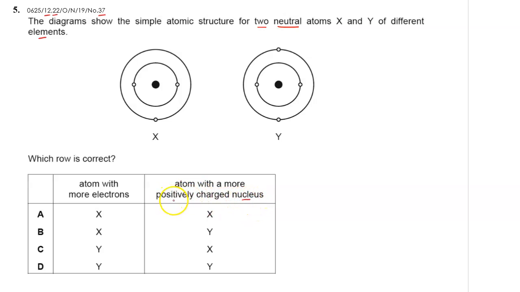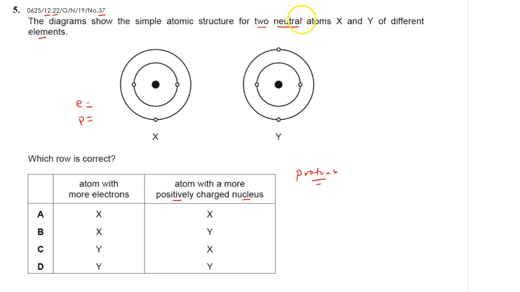The reason for a positively charged nucleus is protons. Protons are the particles that are positively charged. So our task here is to find how many electrons we have in X, and how many protons in the same.